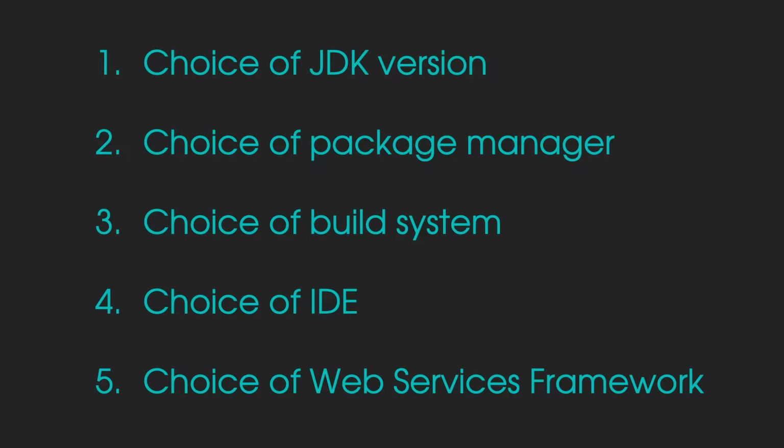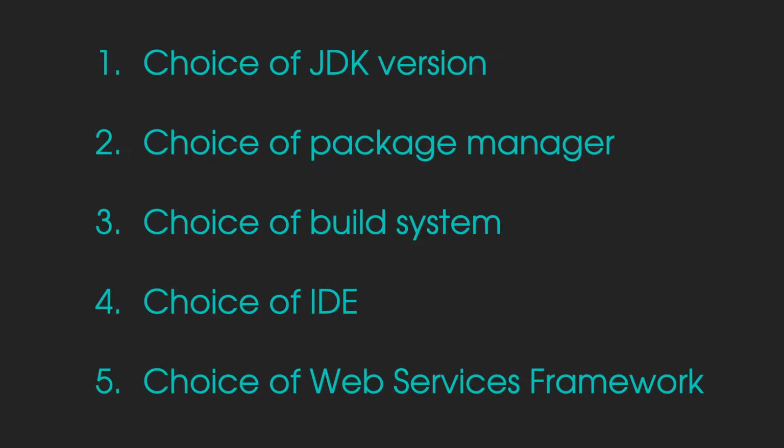Okay, let's get started. From the perspective of DevOps, you need to consider 5 things when you get set up for Java Web Services development. First, you have to choose the JDK version and distribution. Then you have to choose the package management system that you're going to use on each operating system to deploy your chosen JDK version and keep it up to date.